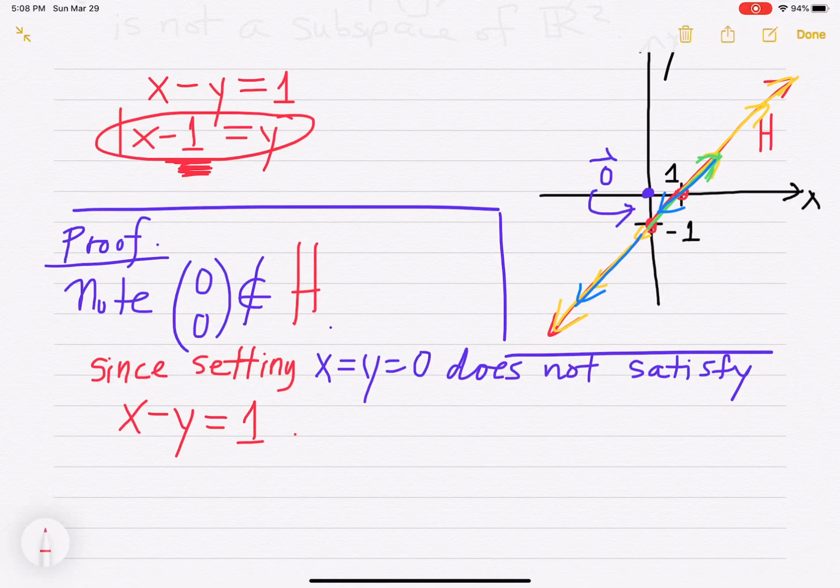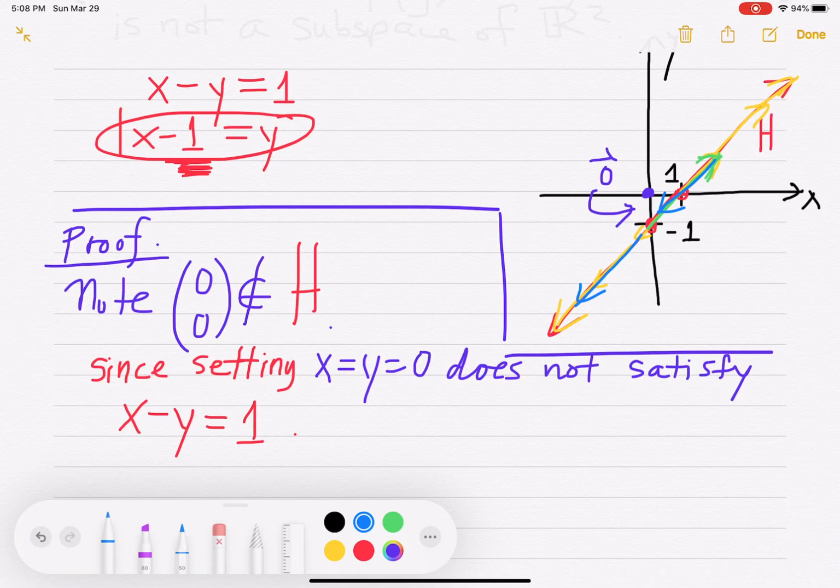So since the zero vector is not in H, right? We have the zero vector is not in H. We're in trouble. We're not a subspace.